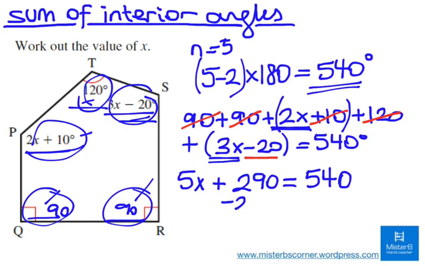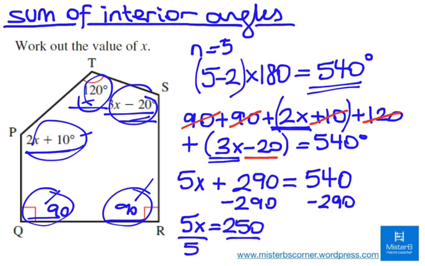I'll take away 290 from both sides, and I'll have 5x equals 250. When you divide by 5, you find x to be 50. Well, the question says work out the value of x, so we are done.